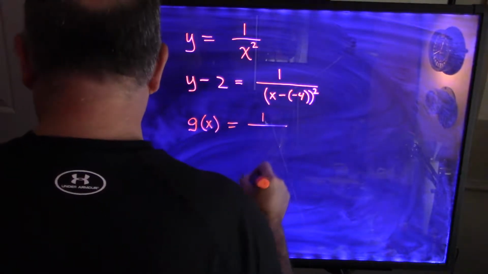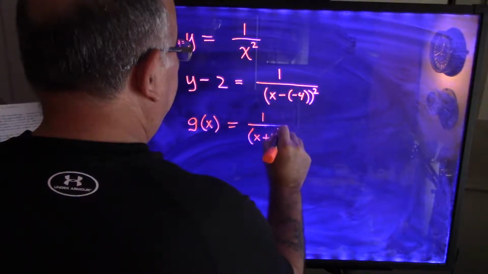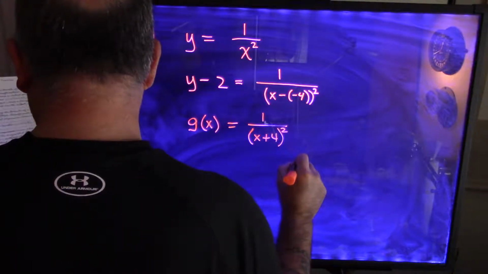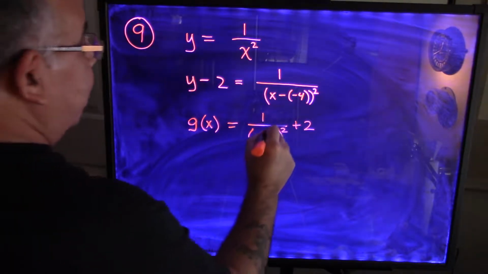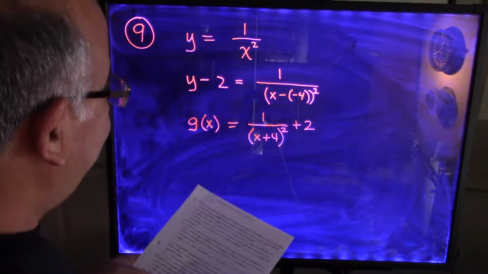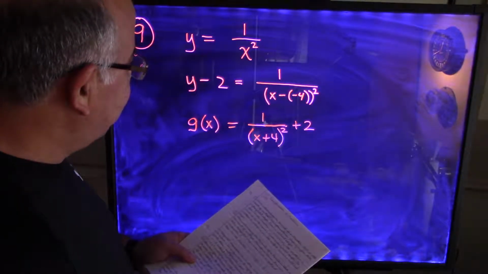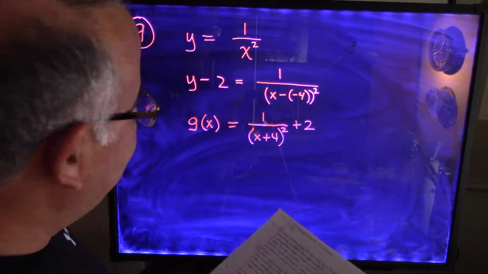So you've got 1 over x plus 4 quantity squared, plus 2. So that takes the original function f of x and gives you a shift to the left 4 units and up 2 units.